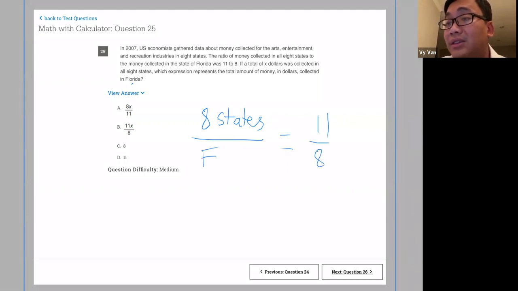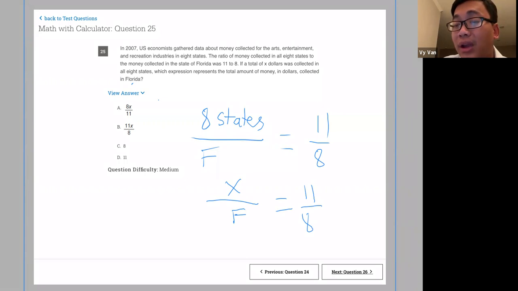If X dollars was collected in all 8 states, which expression represents the total amount of money collected in Florida?